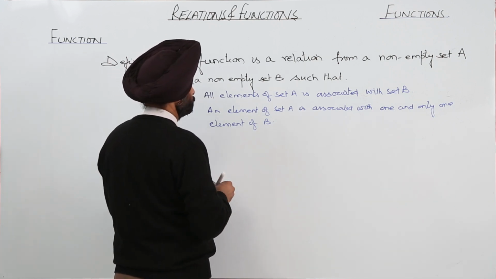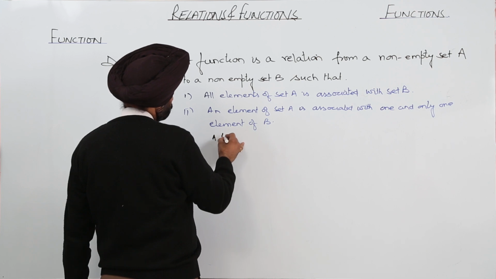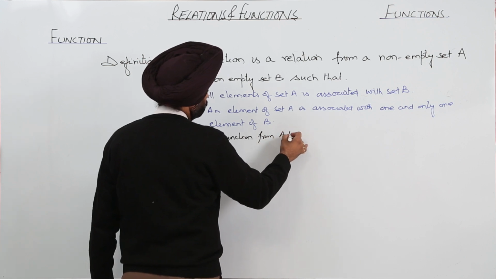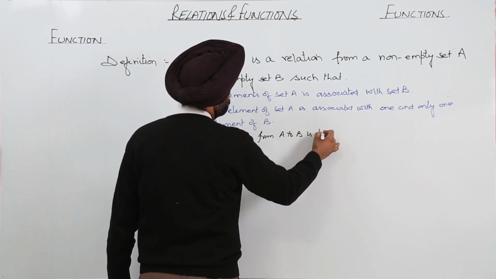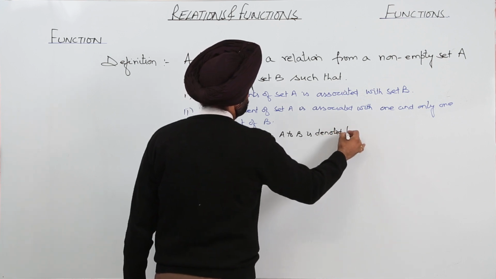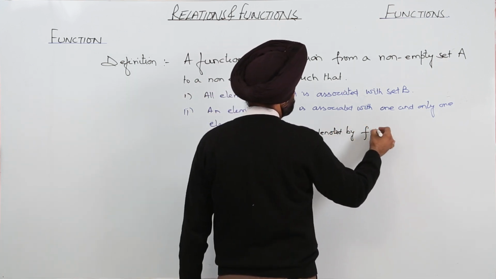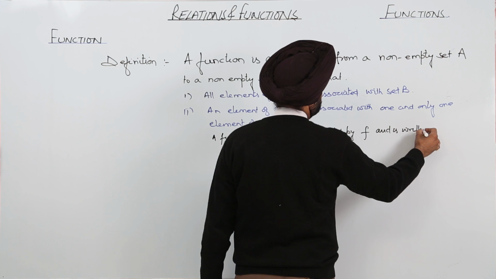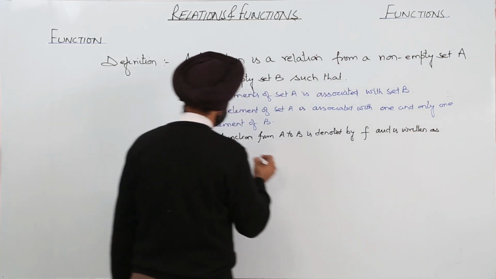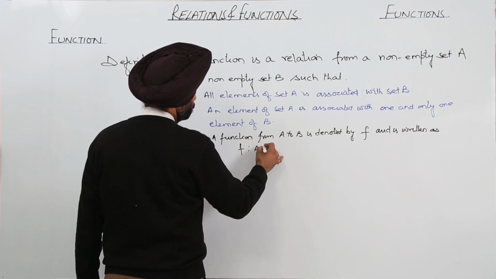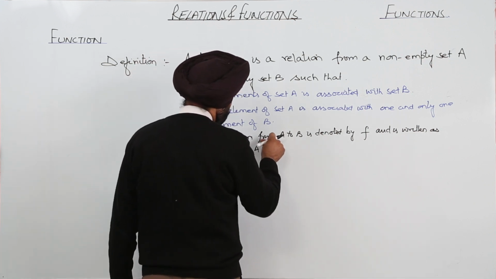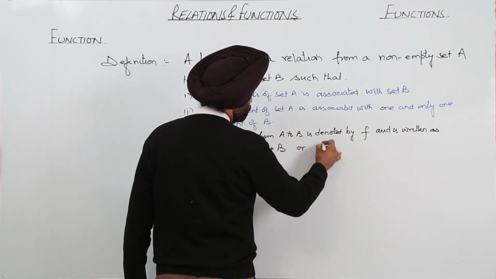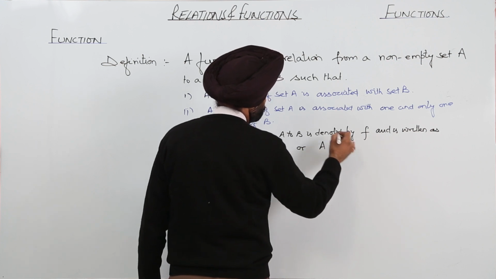Now a function from A to B is denoted by small f and is written as a function from A to B, like this, or we can have a function from A to B in this manner.